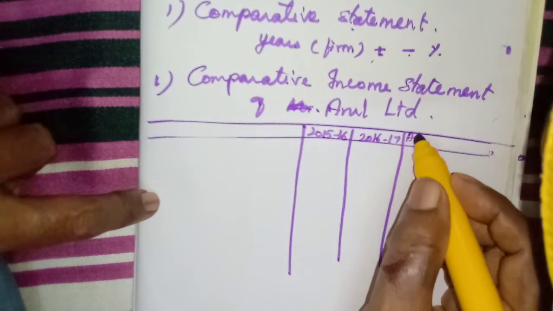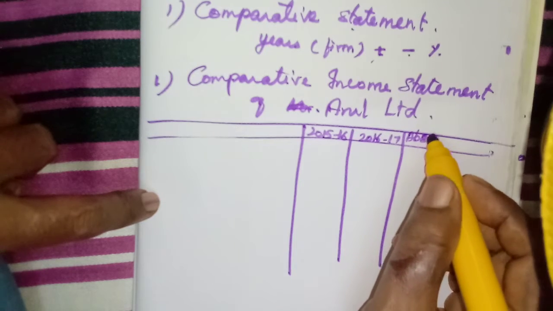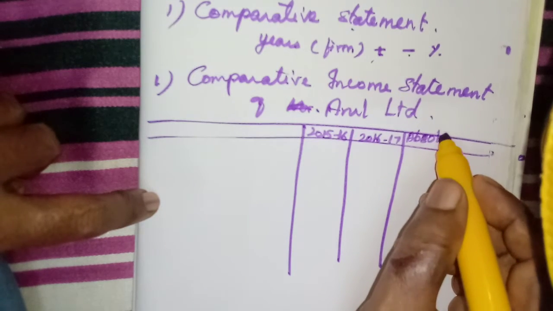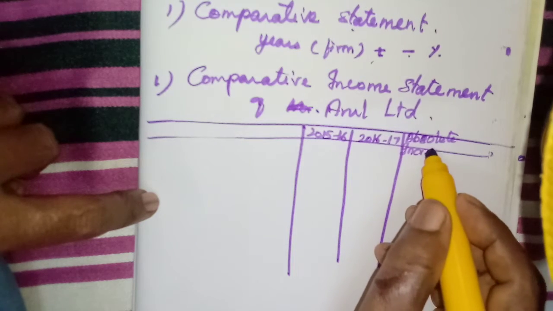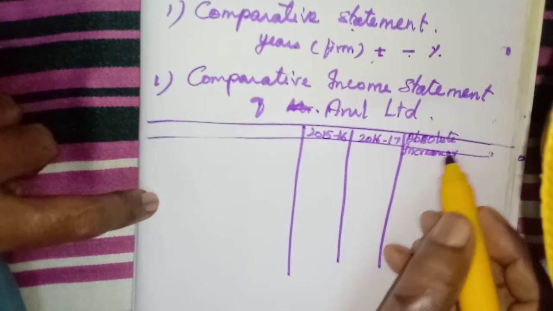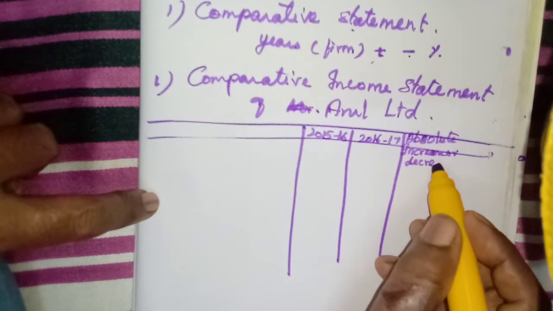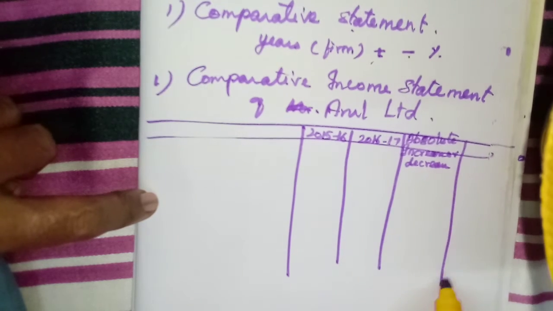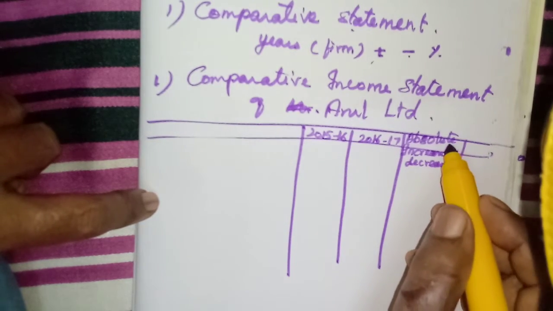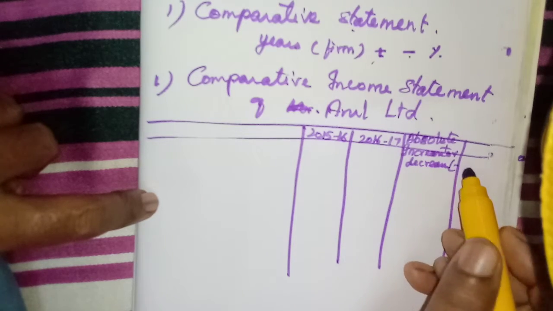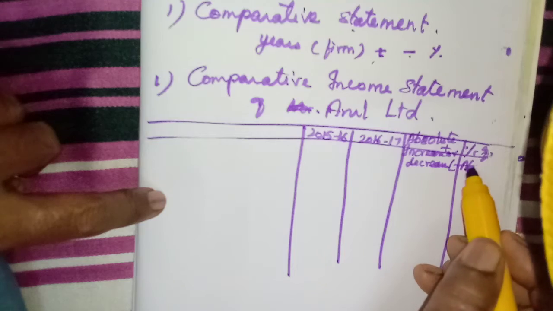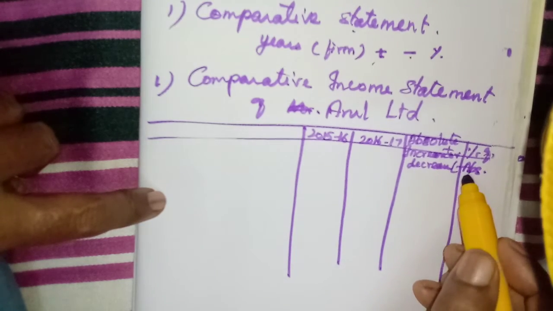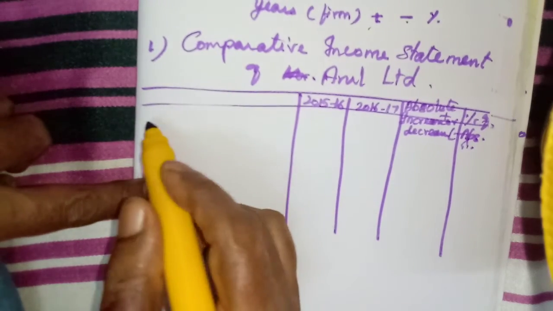Then absolute increase or decrease, increase plus, decrease minus. Then percentage of absolute increase or decrease. You have to write.